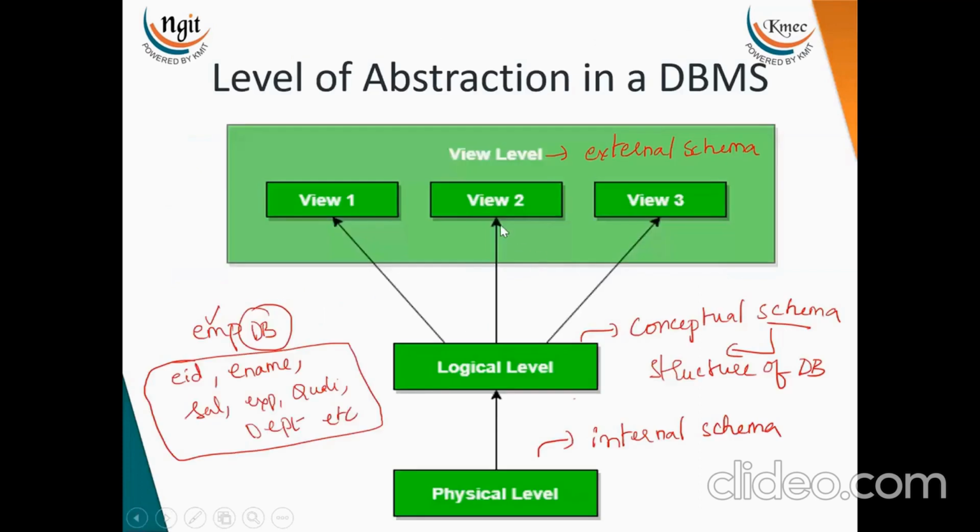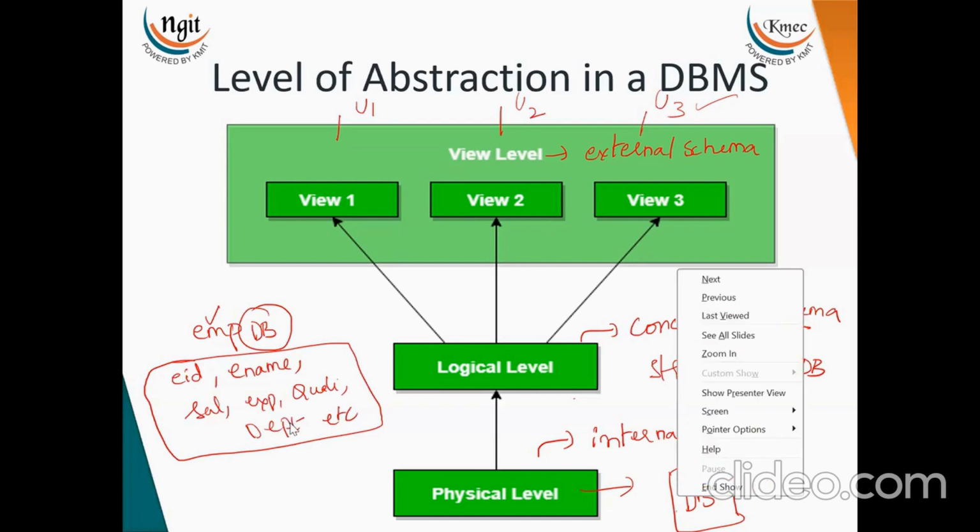Now, at the view level, we have several set of users: user 1, user 2, and user 3. And at the bottom of the physical level, we have the database. Between the different set of users and the database, we have these three levels, that is view level, logical level, and physical level. Thereby, the user applications are separated from the database.